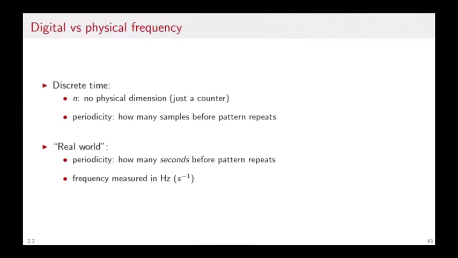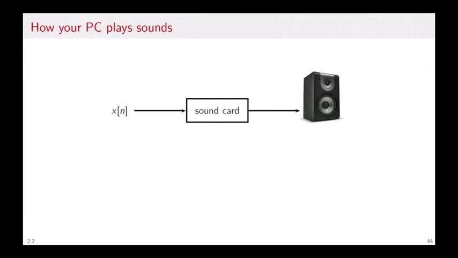Now, if you have a PC that plays sound, you have to map digital frequency, or a discrete time signal x[n], through a sound card into a loudspeaker. And so there has to be a relationship between the clock frequency on your computer that maps into a physical frequency out in the real world. This is given by the system clock.